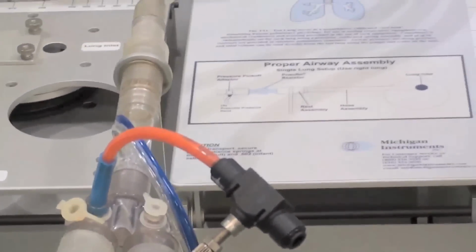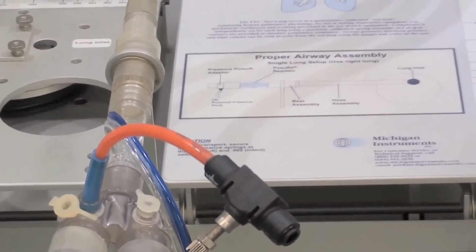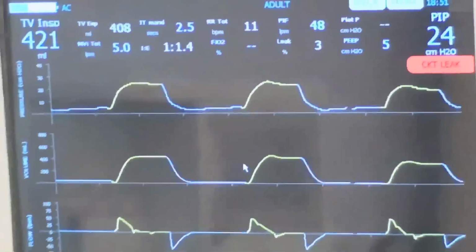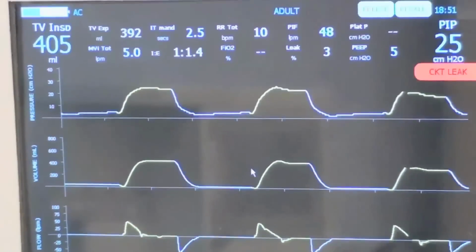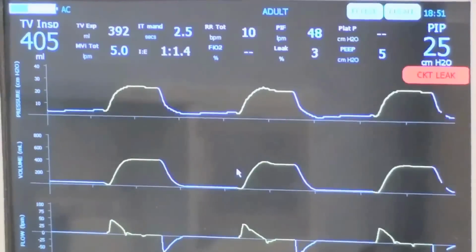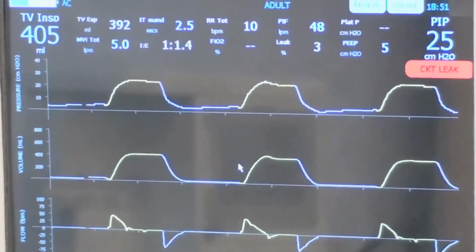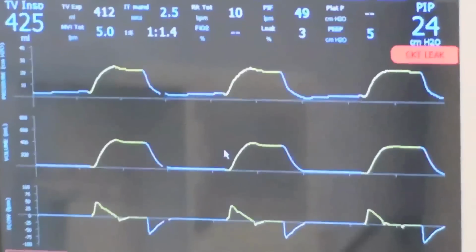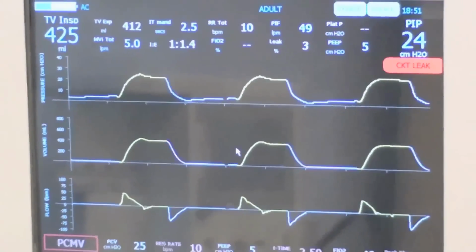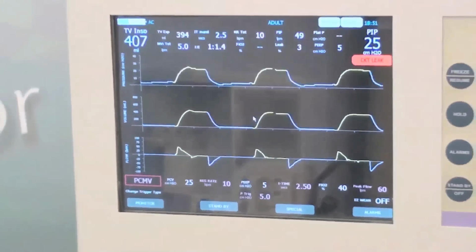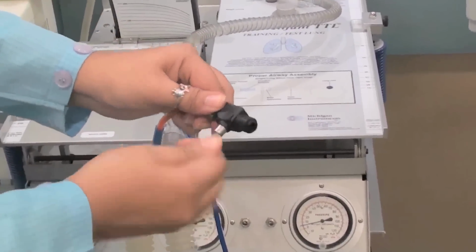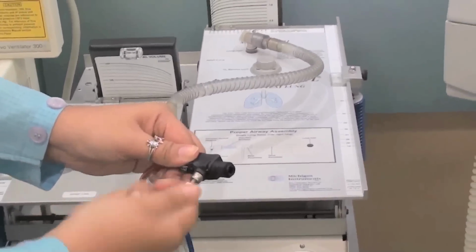When we see the monitored data, we see that there is an indication that there is a circuit leak, which is especially useful as the inspiratory and expiratory tidal volume are still pretty much the same. As you can see, the alarm alerted us to search for a circuit leak while showing us the true ongoing ventilation data. As we eliminate the leak, the system reverses itself.